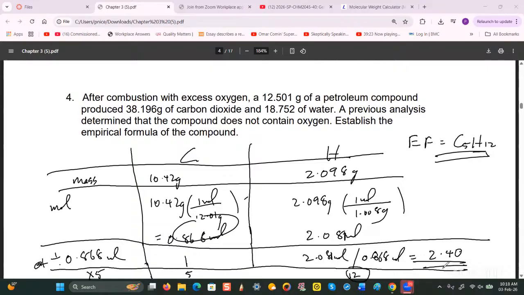I multiplied the 1 here and the 2.40 here by 5, which is what I have here. So 5 times 1 gives you 5, 5 times 2.40 gives you 12. So therefore, the resulting empirical formula will be C5H12, right?